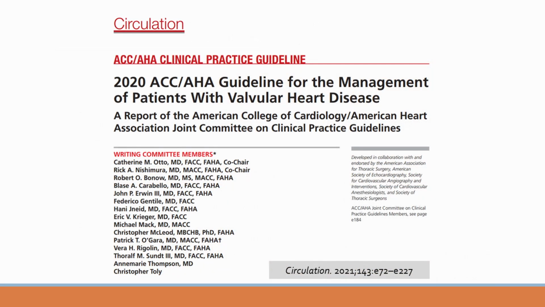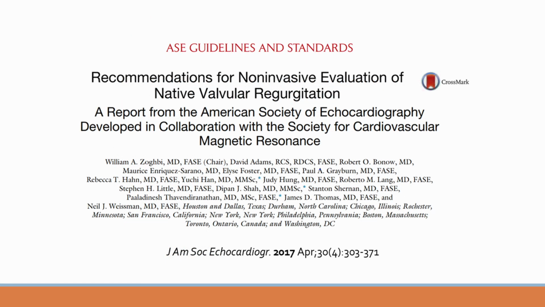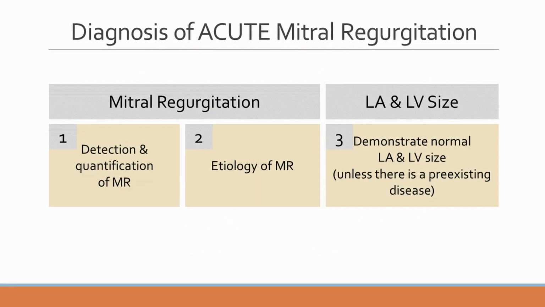But interestingly, all the guidelines that we have actually deal mostly with chronic mitral regurgitation. Acute mitral regurgitation is devoted only one to two paragraphs in the leading guidelines. And how do we establish the diagnosis of mitral regurgitation and help guide the treatment? First, we have to detect that mitral regurgitation is present and quantify it. Luckily, most acute mitral regurgitation tends to be very severe or torrential.